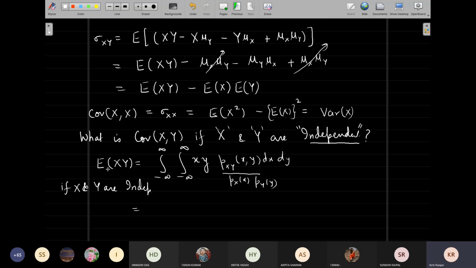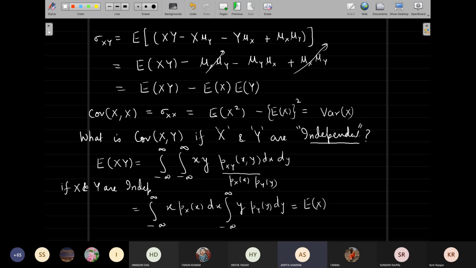So your expression of expectation value of xy becomes minus infinity to infinity x times px(x) dx, minus infinity to infinity y times py(y) dy, which is nothing but EX times EY.